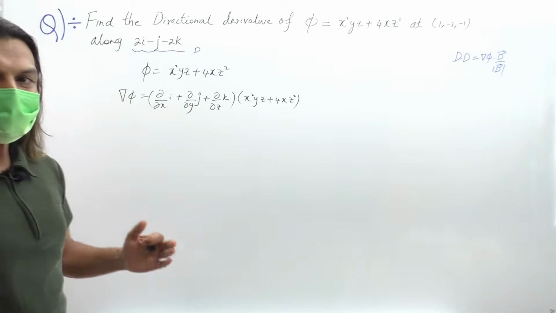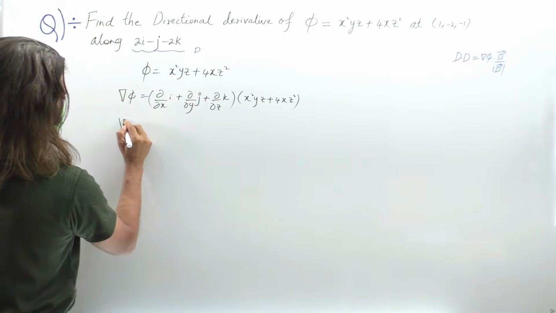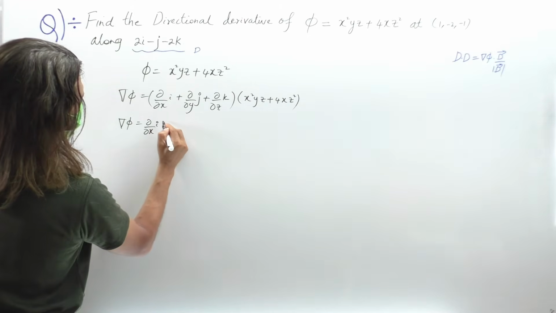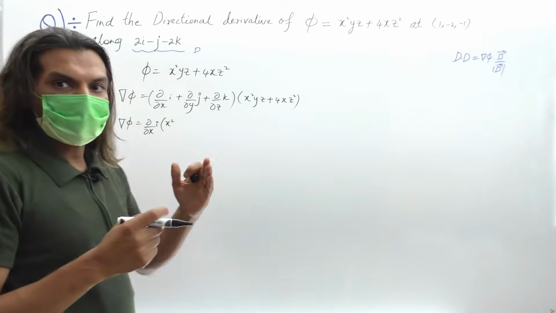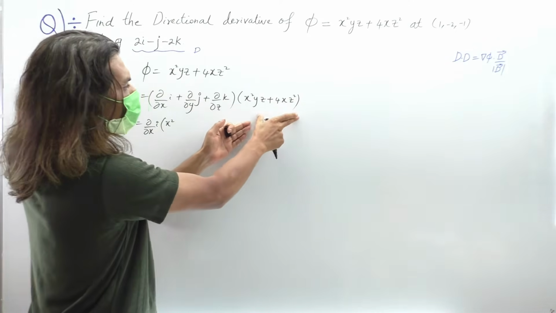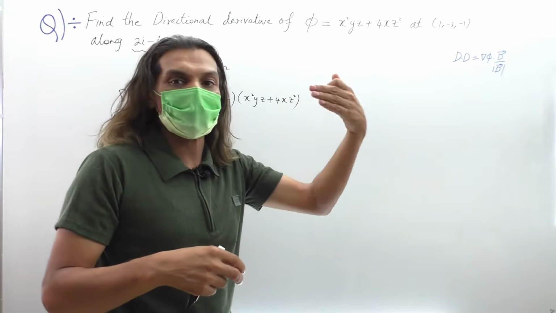So now let us partially differentiate this. First I will open the bracket here. So we have del of phi is equal to dou by dou x of i into the surface. So what do we do in del phi? When we find the del phi, or the grad phi, we differentiate the function with respect to x partially, with respect to y partially, and with respect to z partially.